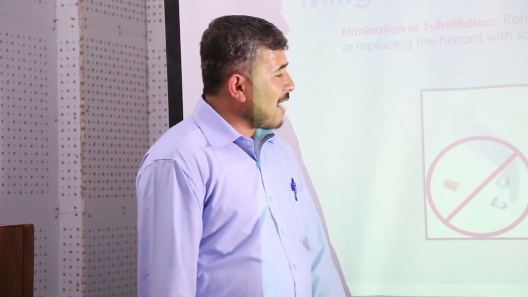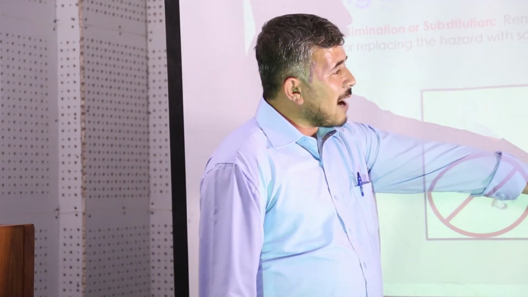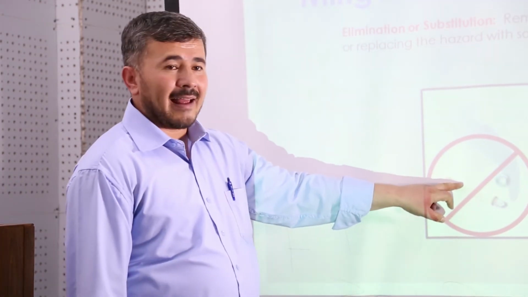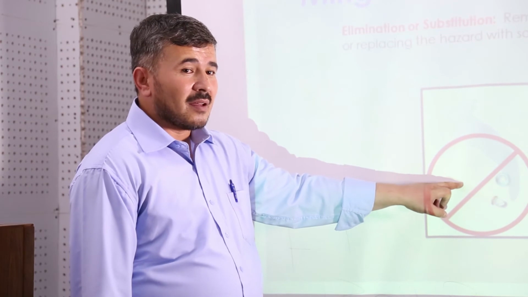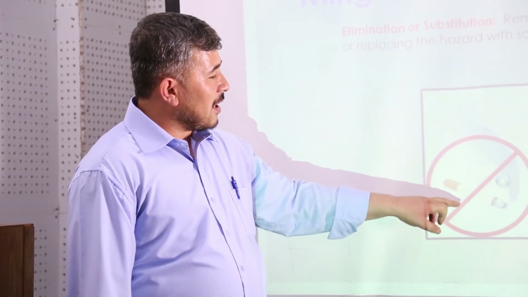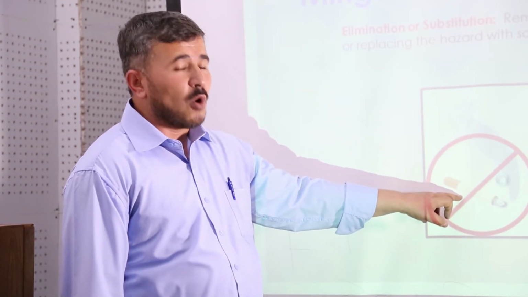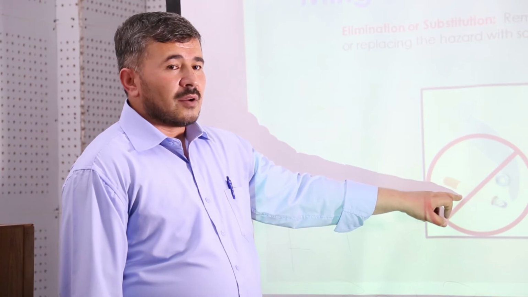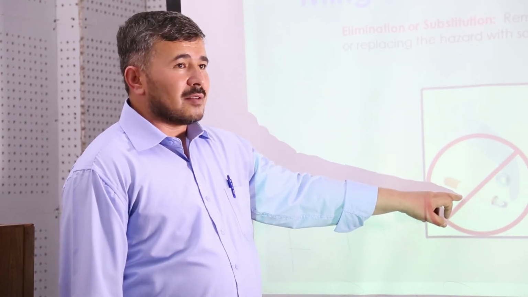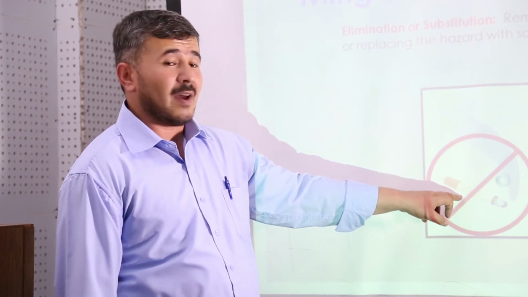Here we can have a good example: cigarette without smoke and cigarette with smoke. Everyone knows now that if you smoke, there are many risks associated with smoking. So how can we tell the smoker not to smoke? It is very hard for him.